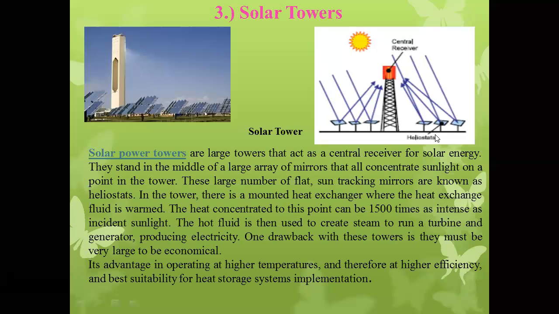In summer it will be up to 45, near about 50 degrees centigrade. So we can raise the temperature 1500 times that of the incident solar radiation, so it is very important and highly efficient. Remember this point. The reflecting mirrors are known as heliostats.